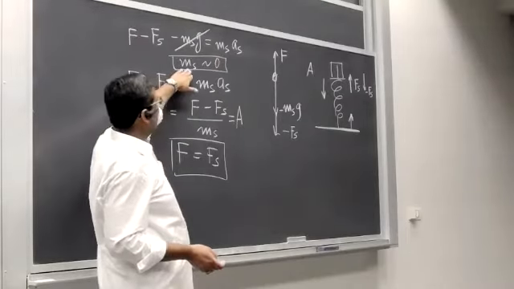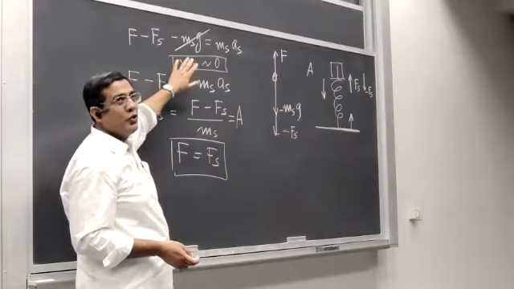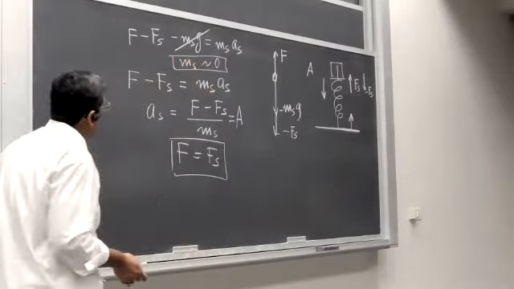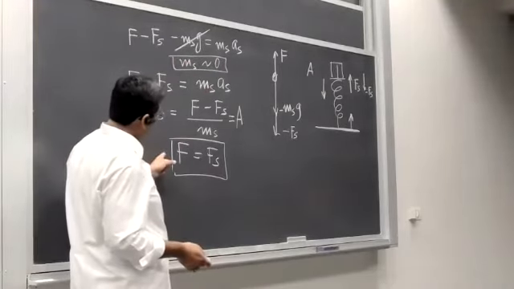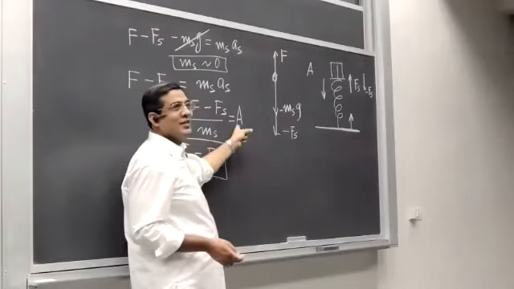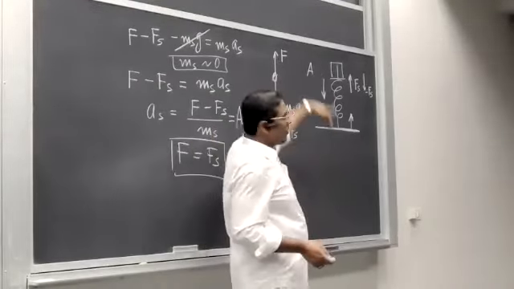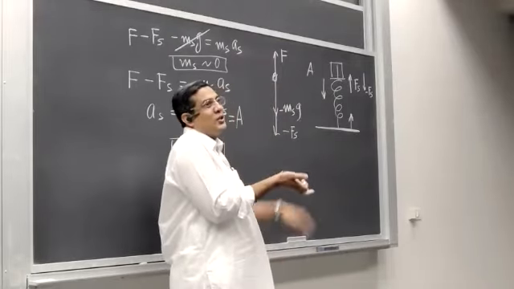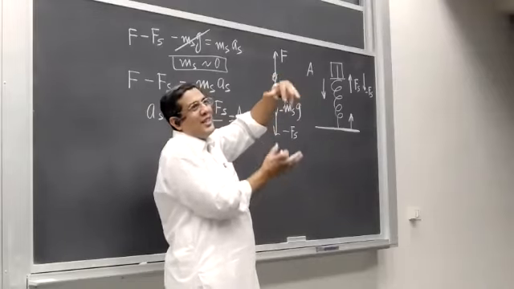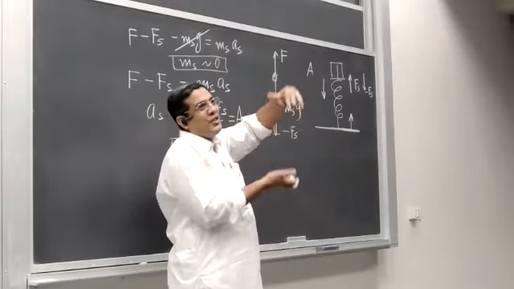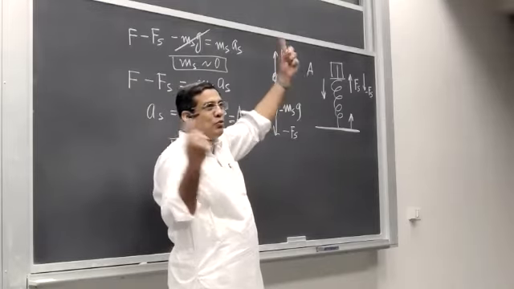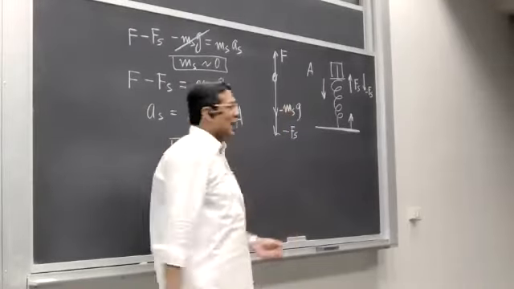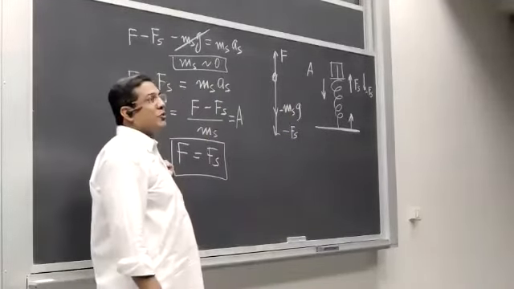And then we just ignore, we say that the mass of the spring is very small, and I'll show it in a minute why we can ignore it and how. Well, I will try to rationalize it in a minute, okay? But for the acceleration to be finite, the force that the block is exerting on the spring and the force that the elevator is exerting on the spring, those two forces are not directly related to each other. They are not an action-reaction pair. Both are being exerted by two different bodies on the same object, and they become equal not because of Newton's third law.